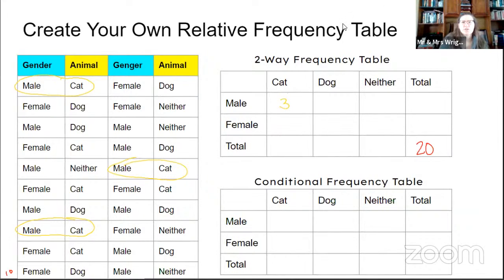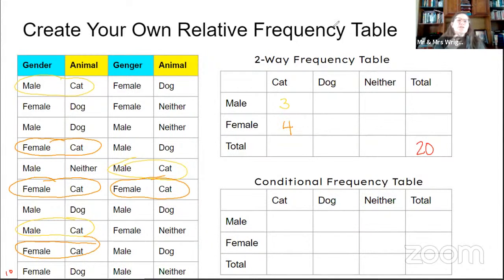Okay, I'm going to switch to a different color here, and I want females who prefer cats. A female who prefers a cat right there. 1, 2, 3, 4. I've got 4 females who prefer cats. Now I'm going to go on to the dog.